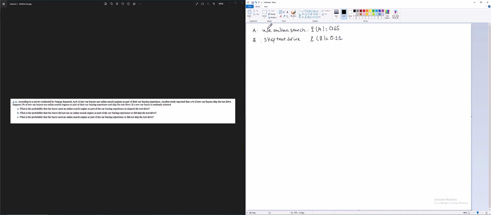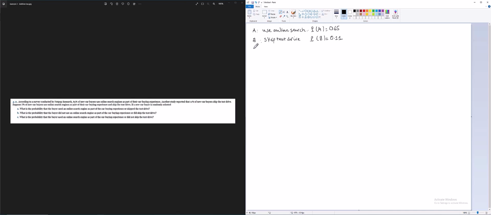And then finally, it says that 7% of the buyers would be using online search and skip the test drive.